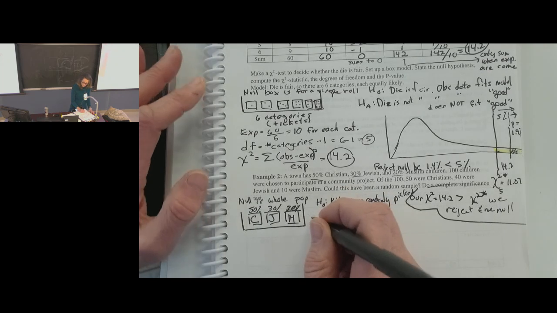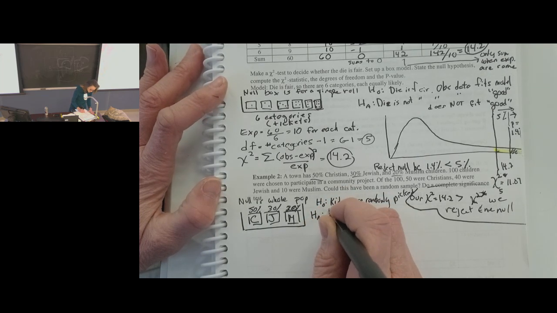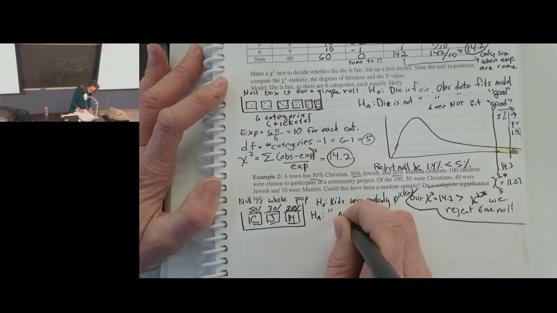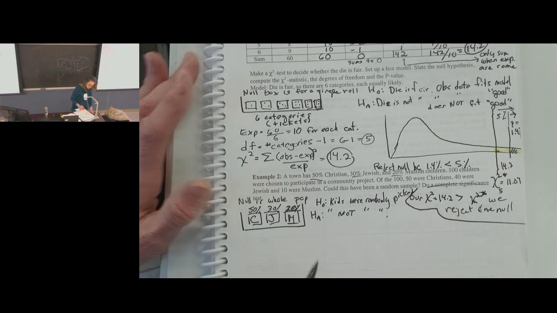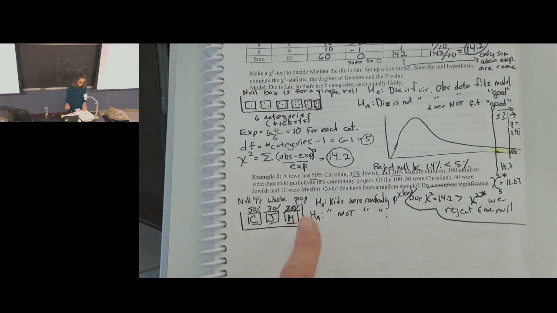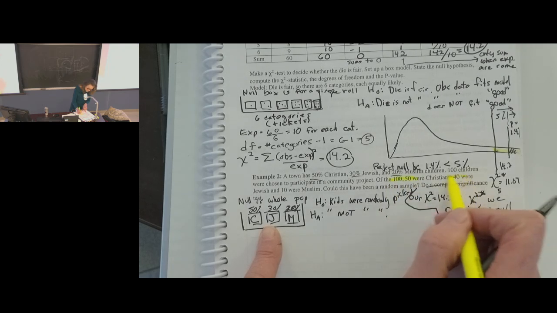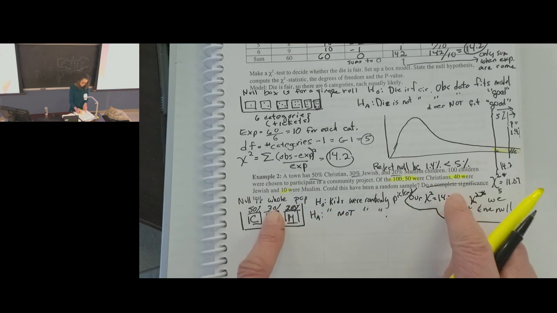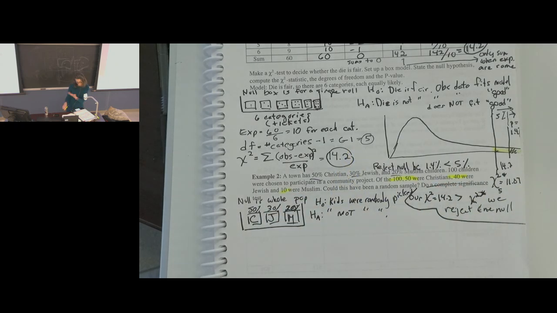And the alternative is, they weren't. Kids not randomly picked. These differences that we see between what we should have gotten and what we observed, 30 and 40, these big differences were too unlikely to be due to random chance.